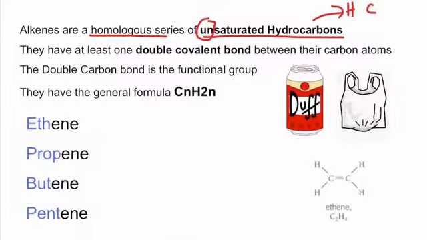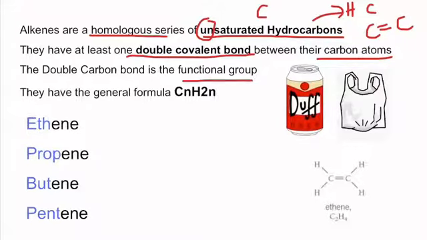And what that means is that every carbon atom is not bonded to 4 other atoms. Now the alkenes also have at least one double covalent bond between their carbon atoms, a double C=C bond. And the double carbon bond is their functional group, so essentially it's this double C=C bond that enables them to behave in reactions the way they do and have the characteristics that they do as well.